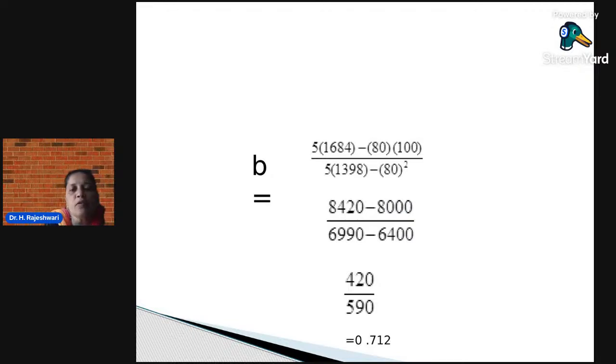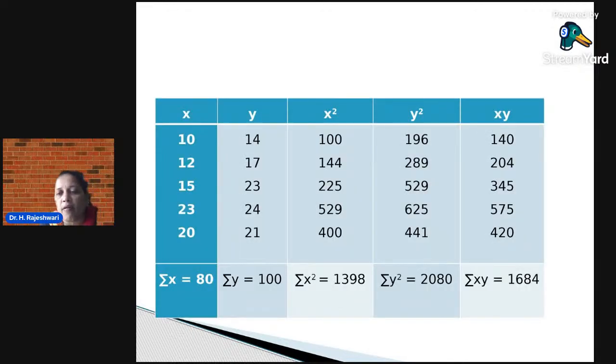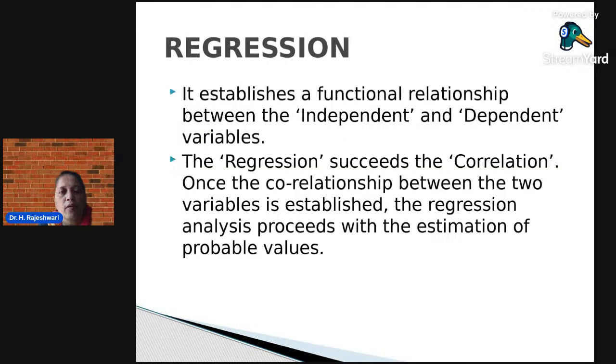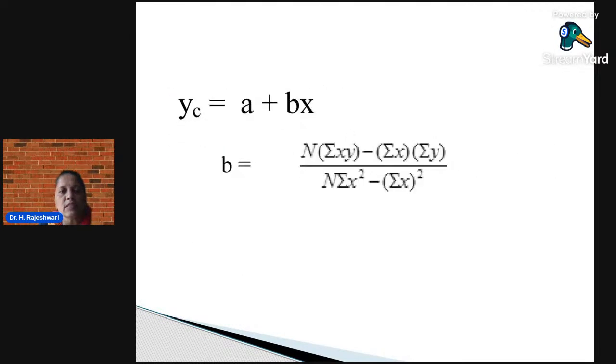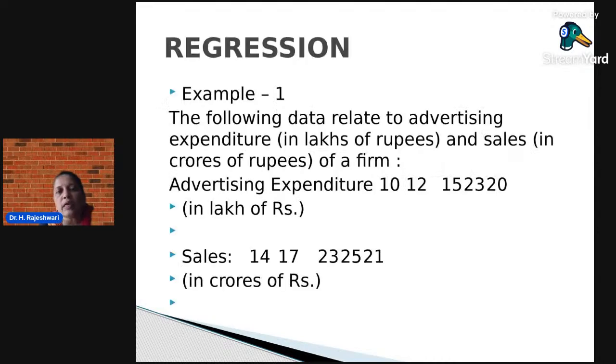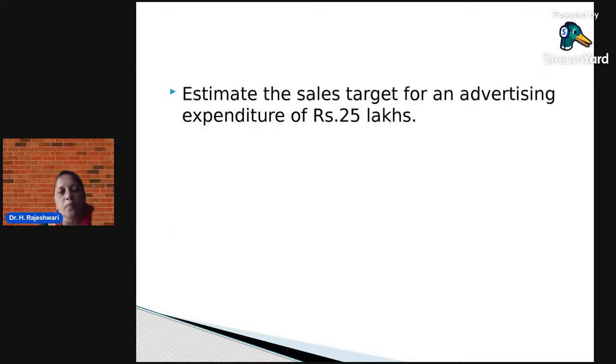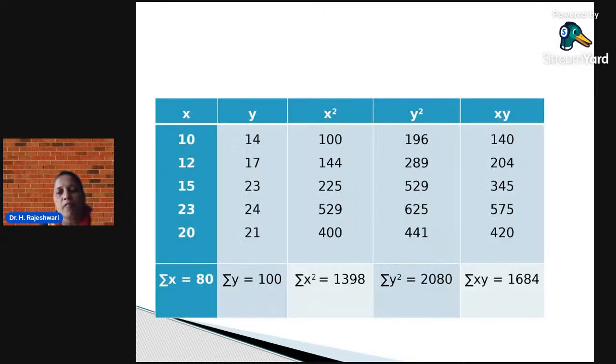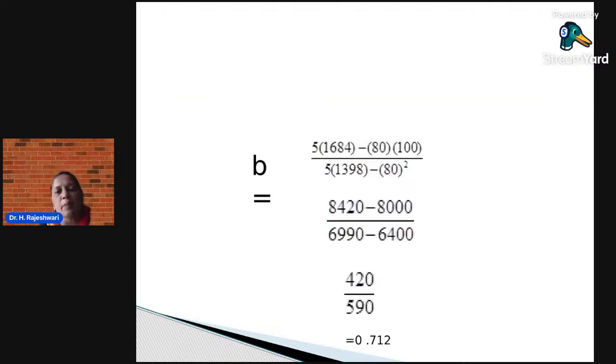See, for the b value you have the formula, right? B equal to n sigma xy minus sigma x sigma y, divided by n sigma x square minus sigma x whole square. Now x and y values are given to you. Find out sigma x, sigma y, sigma x square, sigma y square, sigma xy. Substitute it here and you'll be getting the b value.